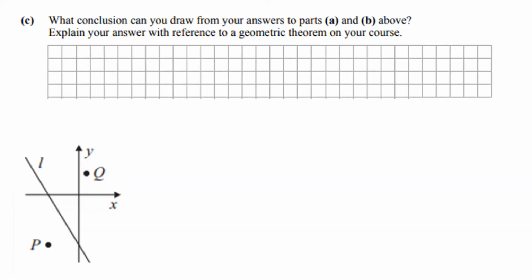So then, what conclusion can you draw from your answers in part A and part B above? Explain your answer with reference to a geometric theorem on your course. So in A, we found that the ratio was 2 is to 3 in its simplest form, and in B we found that it was 2 is to 3 in its simplest form. So let's take a look at the diagram here.